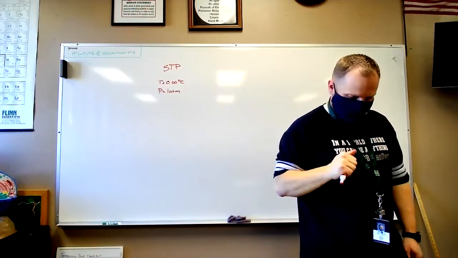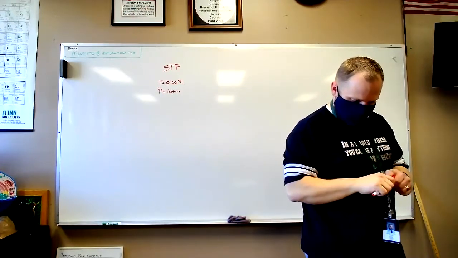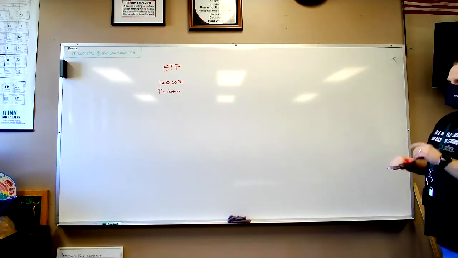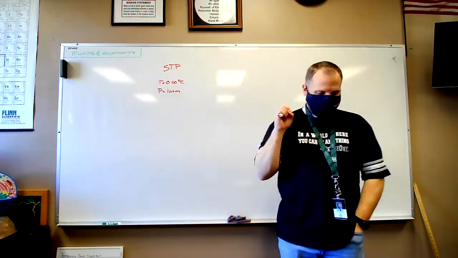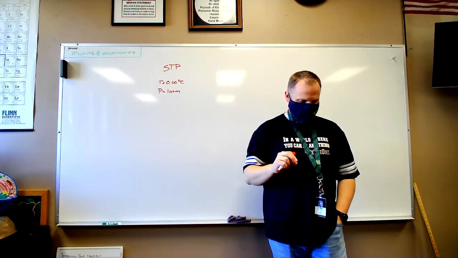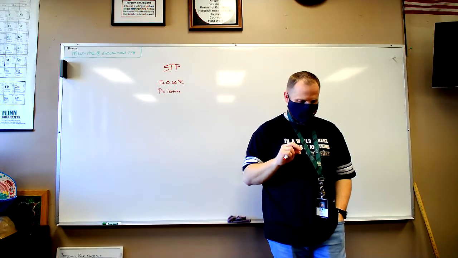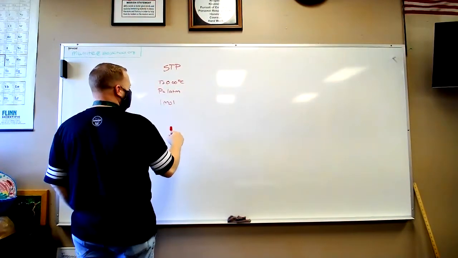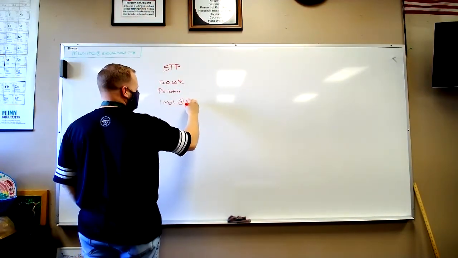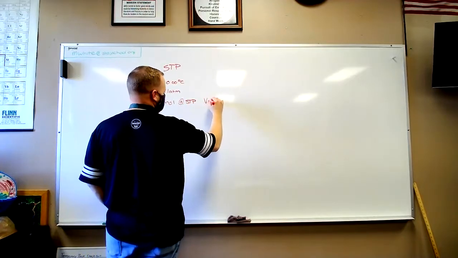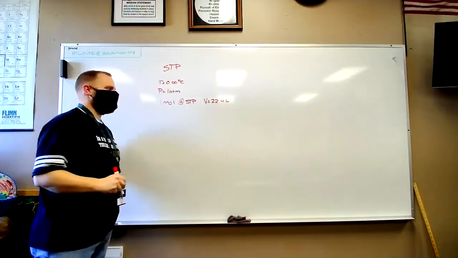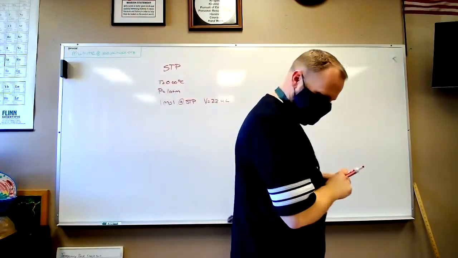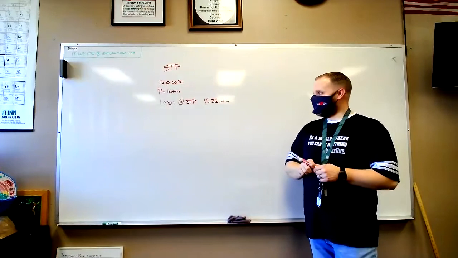At standard conditions, at 0 degrees Celsius and 1 atmosphere, every single gas out there has the same volume. 1 mole of gas at STP has a volume of 22.4 liters.